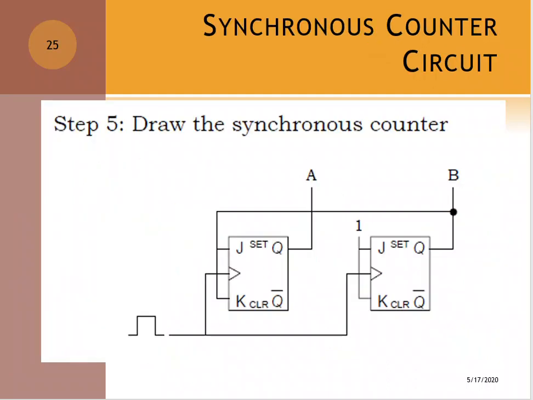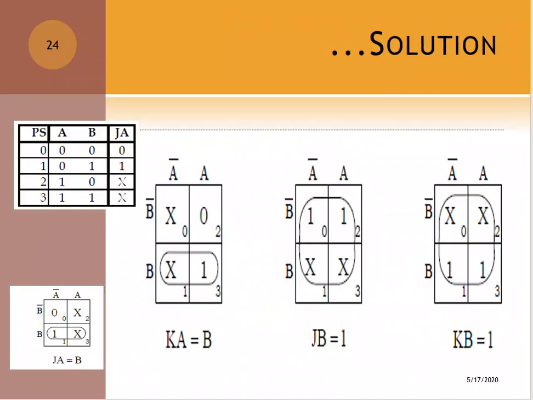Next step, you can draw. Okay, this is the basic element of the flip-flop: J, K, the clock, and then Q bar, set, clear. And then for 1, you just drag the wire from J and also from K, put 1 here because KB and JB are both 1.